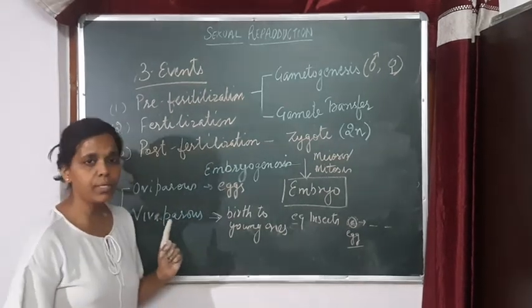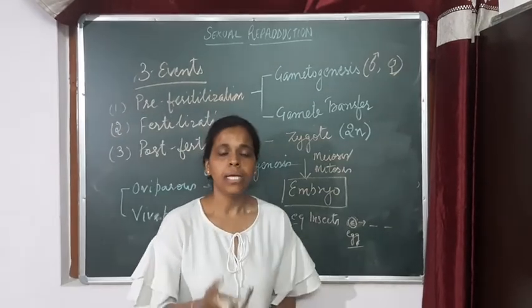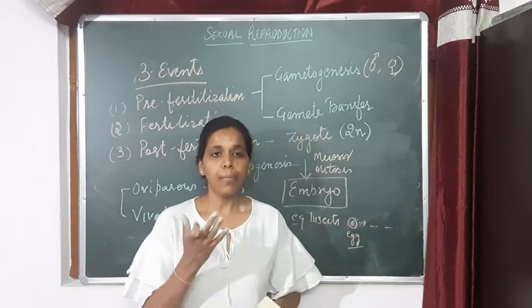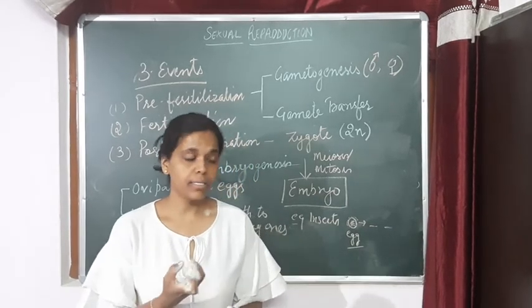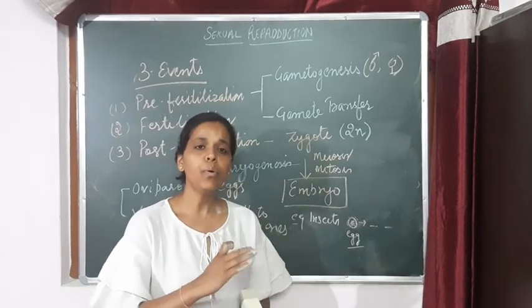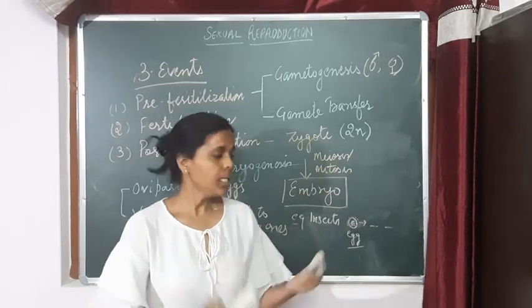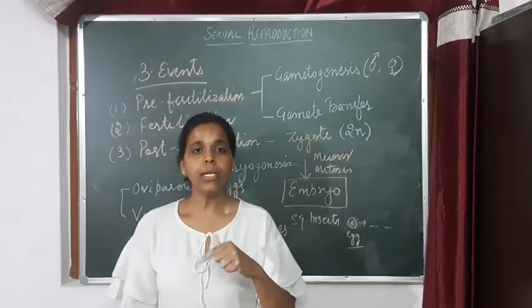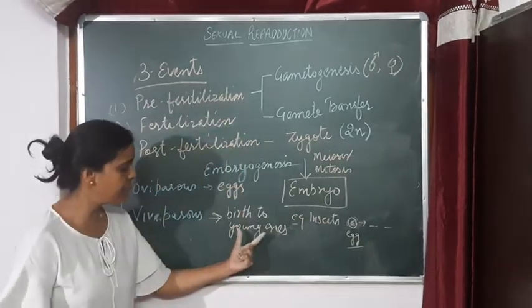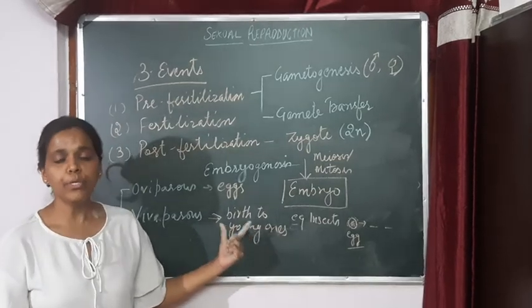And in viviparous animals, what is the thing? Like in humans, the content of yolk is self-sufficient. The nourishment is proper, and the embryo may grow till a full young baby, the young ones, can be produced, right?